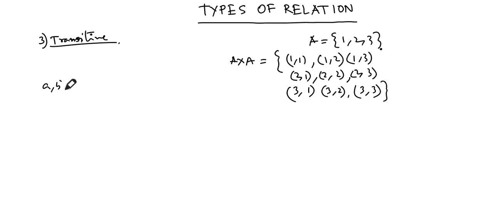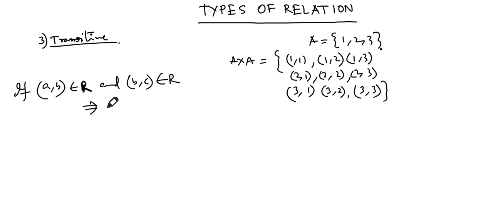If (A,B) is a pair in the relation R and (B,C) is also present in that R, then if that implies (A,C) belongs to R, then that relation is called a transitive relation.